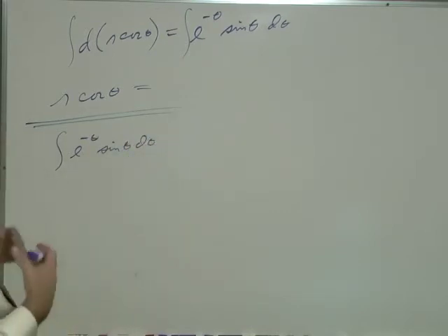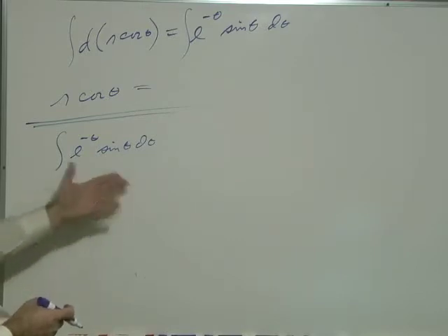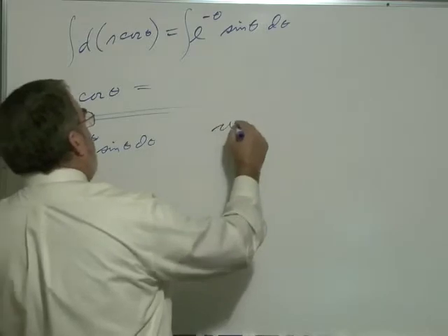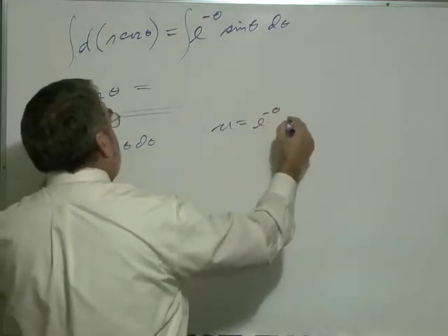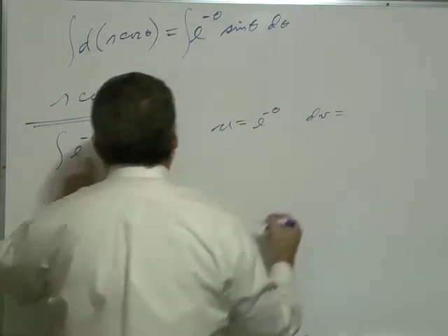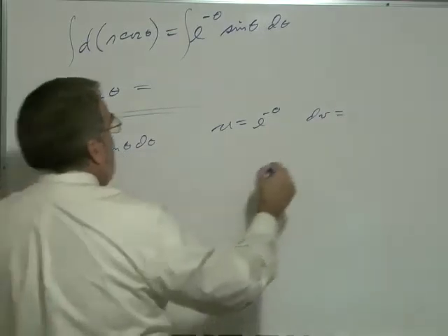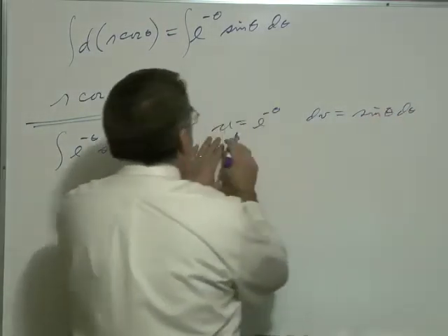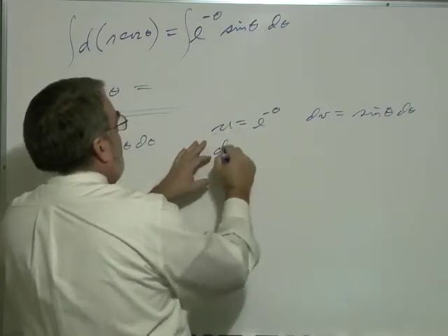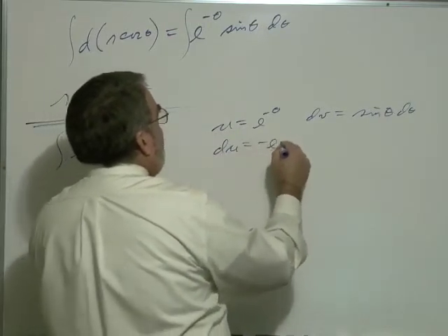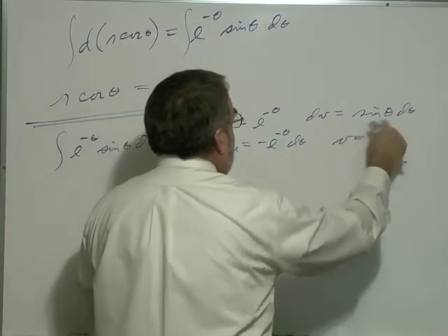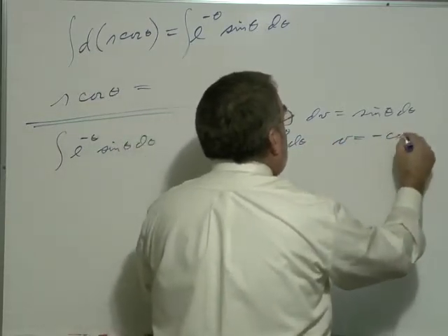So integration by parts, you work with a u dv. So let me let u be e to the negative theta and dv equal to sine theta d theta. So the differential of u, du, is equal to minus e to the negative theta d theta. And v, if I integrated this, I would get minus cosine theta.